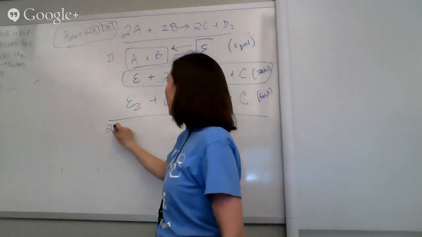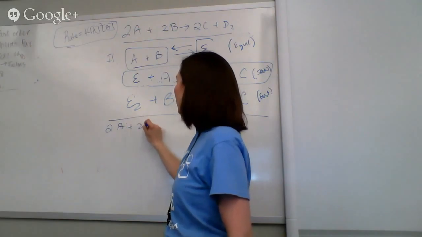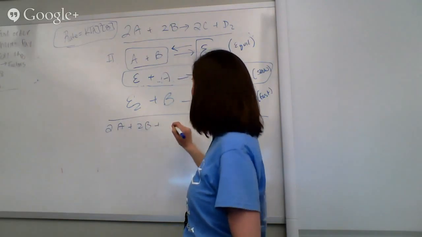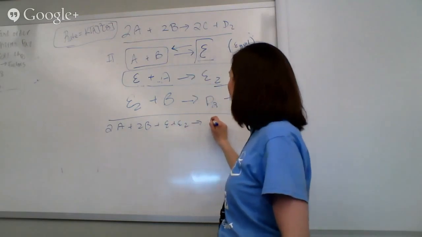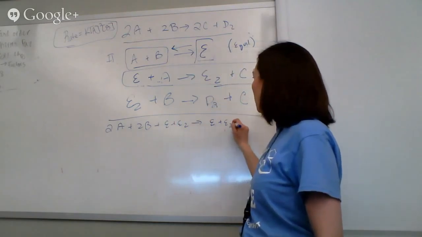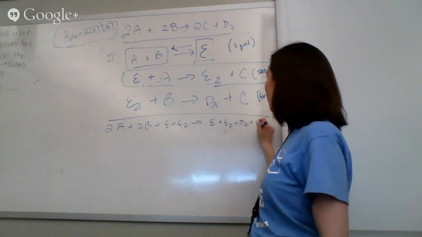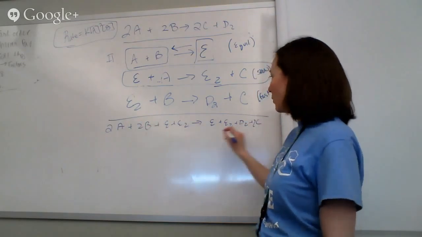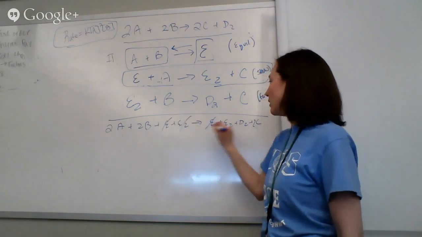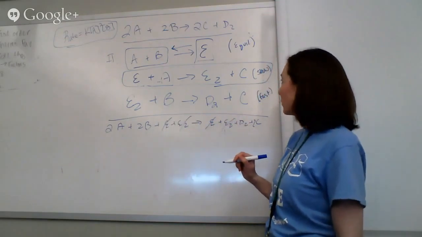only what's left. So I've got 2 A's here plus 2 B's plus E plus E. So if I summed those, it looks like I've got an E on both sides and an E subscript 2 on both sides.